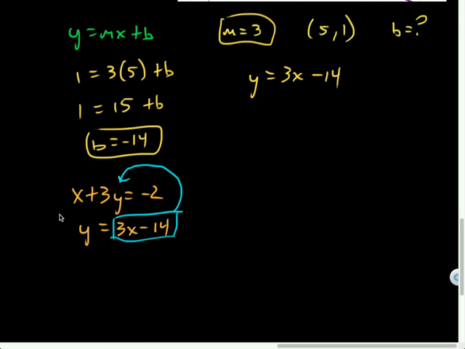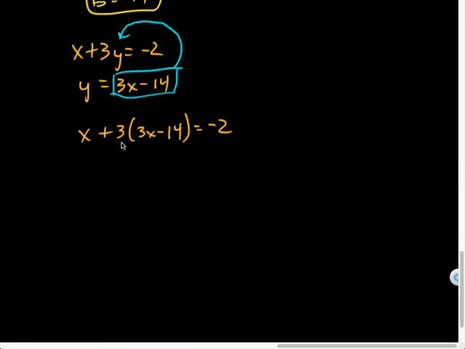I'm going to plug that in here. And I'll get x plus 3 times (3x minus 14) equals negative 2. Distributing, x plus 9x minus 3 times 14 is 42, equals negative 2.